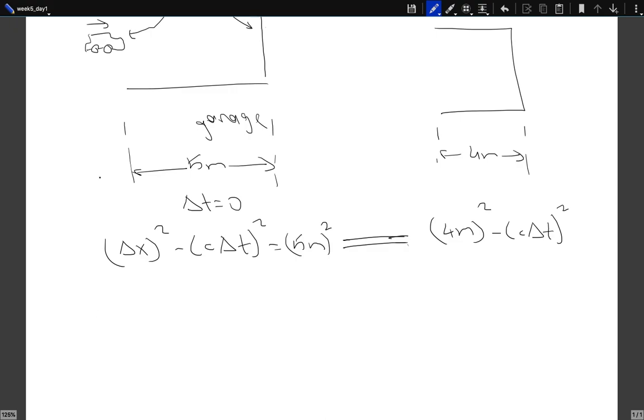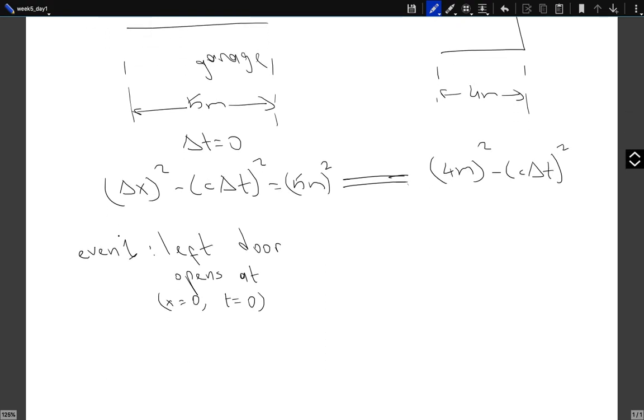Event 1. Left door opens. Well, let's say it is at x is equal to 0, t is equal to 0. This is my event, x is equal to 0, t is equal to 0, of course, in this reference frame.